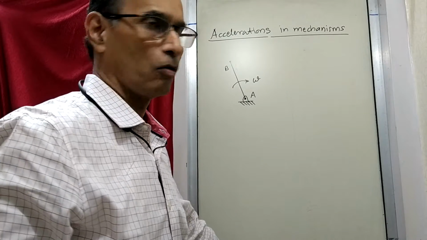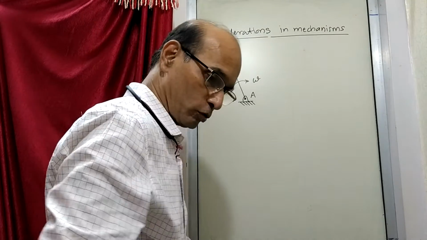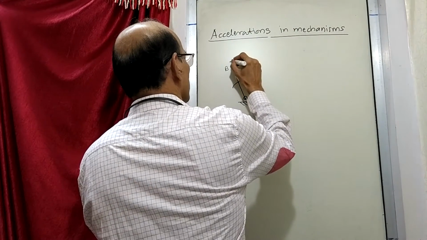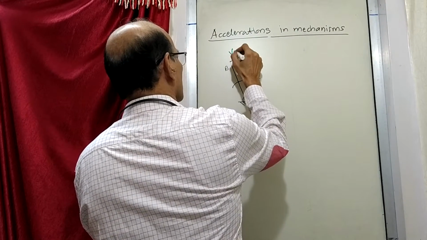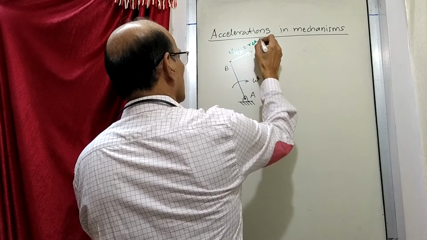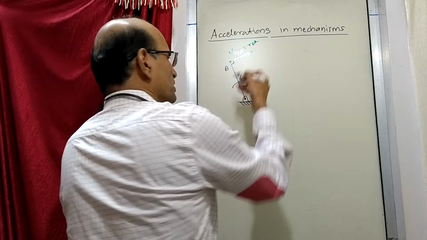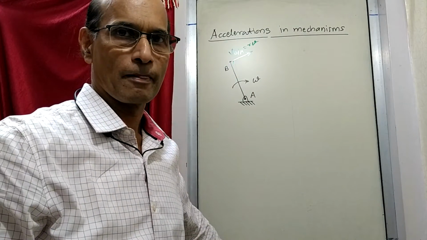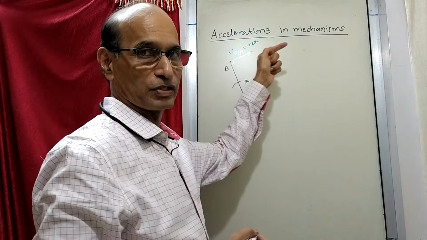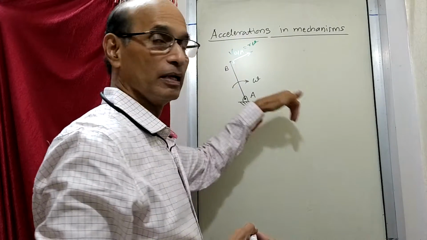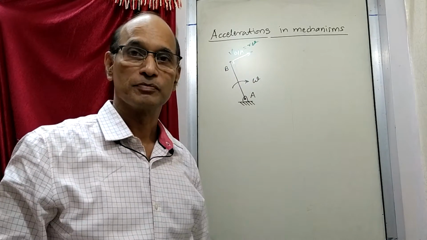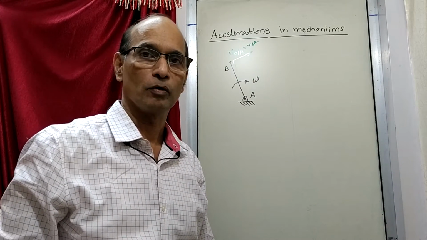Now we already know that the velocity of B with respect to A is like this. This is equal to R into omega, and we have analyzed this earlier. We know what it is. So at this instant, the point B has velocity in this direction, but at the same time the link is rotating. Now from where the angular acceleration comes into the picture, that is what we are now going to see.